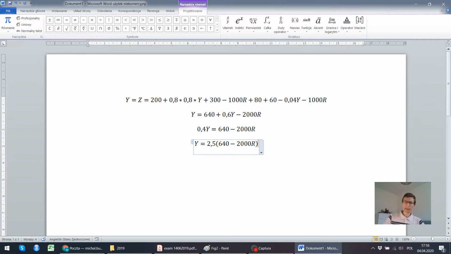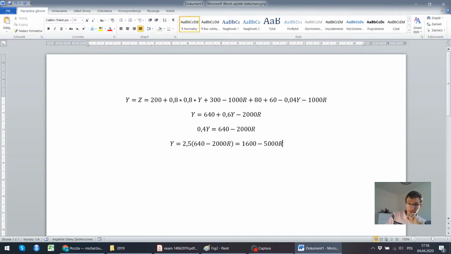So we have the multiplier 2.5 times 640 minus 2000R. Of course, we can put it in an explicit form that is equal to 1600 minus 5000R. Okay, but what is important is to remember that we still have a multiplier hidden there, which is kind of important. So we have the IS curve. So this is our IS curve.